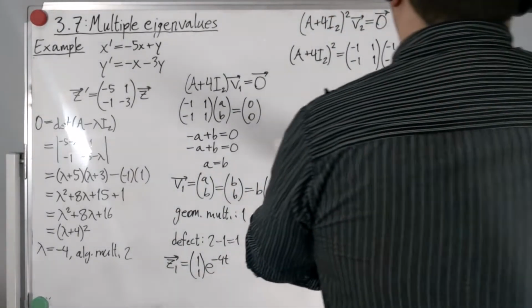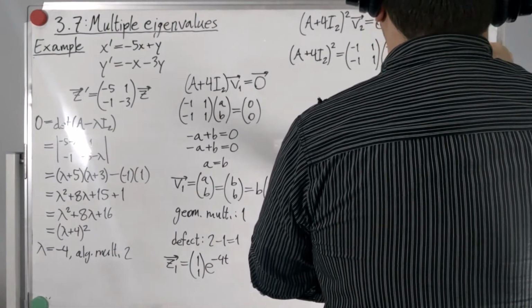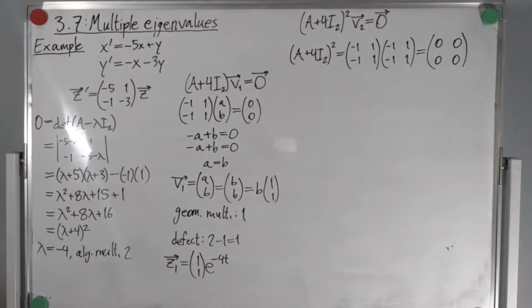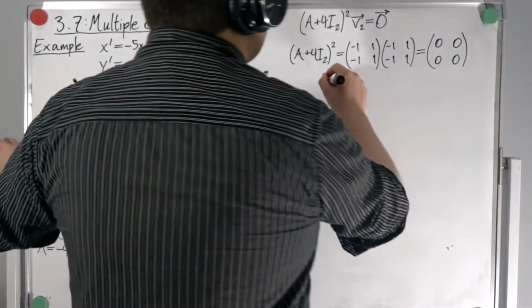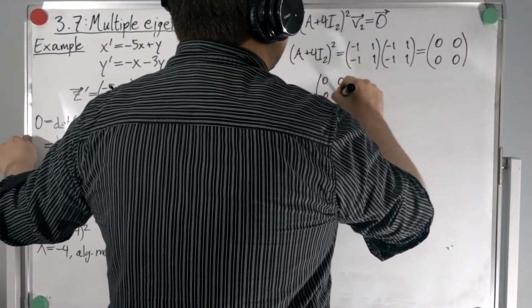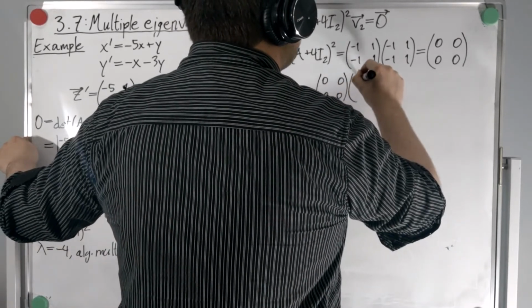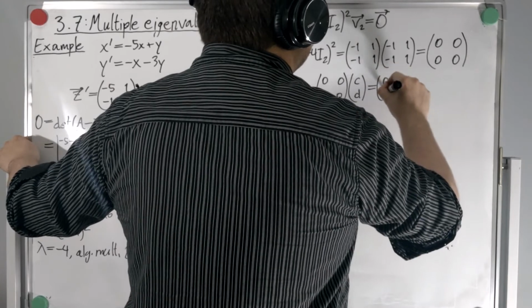This comes out to be 0, 0, 0, 0 again. So what we are looking for, therefore, are solutions of 0, 0, 0, 0 multiplied by, let's call it c, d, equals 0, 0.